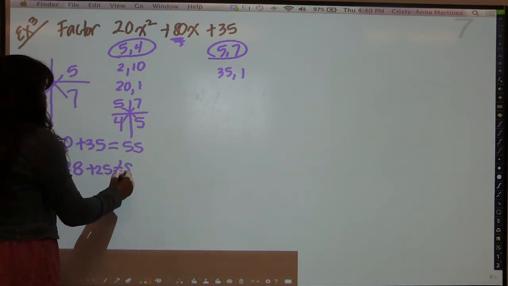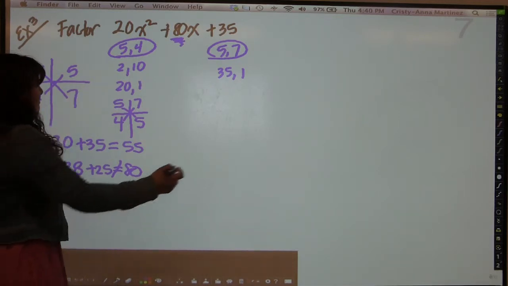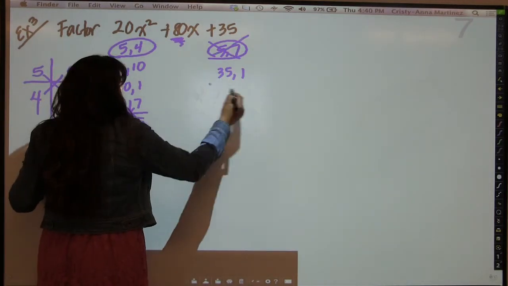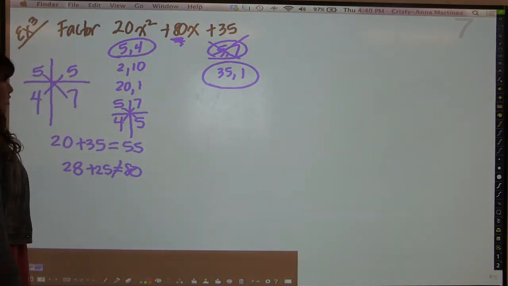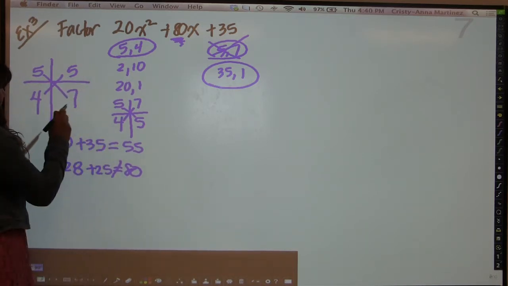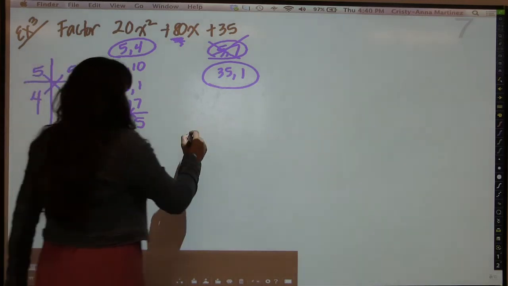So that doesn't work. So now, the 5 and 7 didn't work, so I'm going to use 35 and 1. But that just seems too big. I really don't think that the 35 and 1 is going to work. So I'm going to keep the 5 and 7, and try to maybe flip these around and make them into something different.